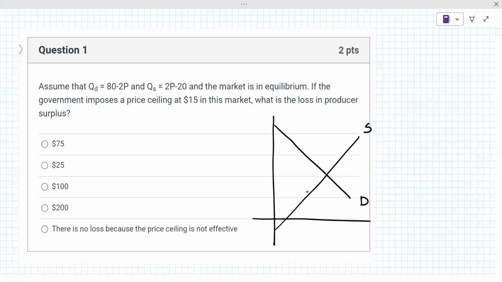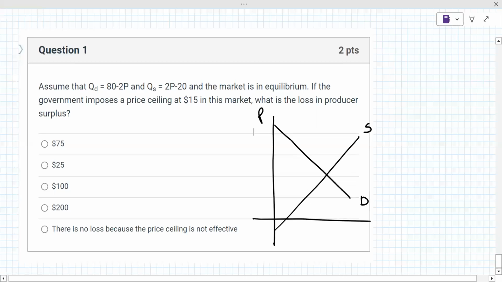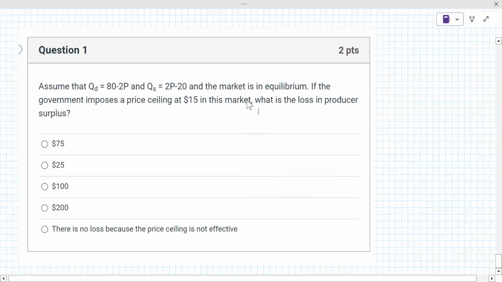And let's say the government imposes a price ceiling at $15 in this market. What is the loss in producer surplus? Okay. These don't seem right. Price is on this axis. So we have to actually resolve these for P in both cases.